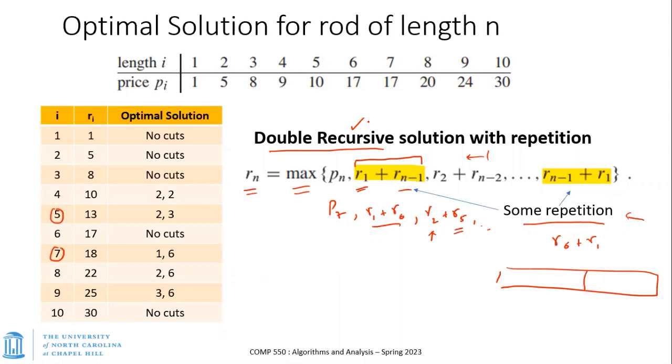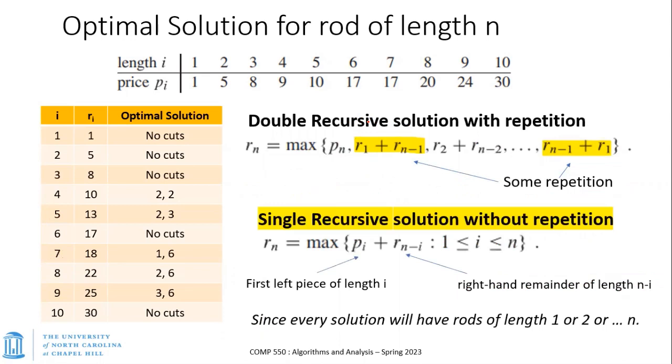So any thoughts on converting into a singly recursive equation? That may not be so obvious. So what we could do is the following: let's rewrite this as a max.